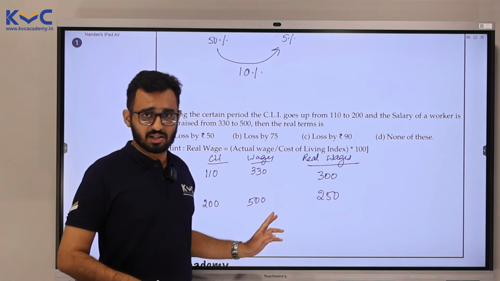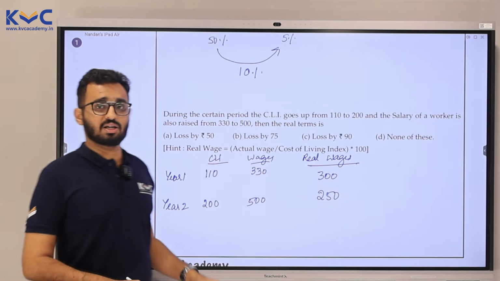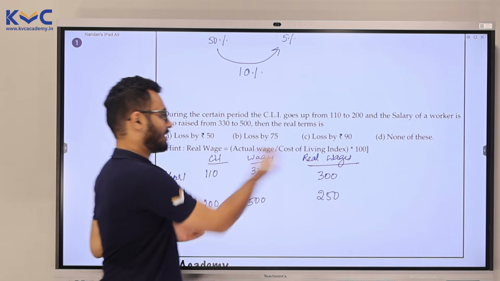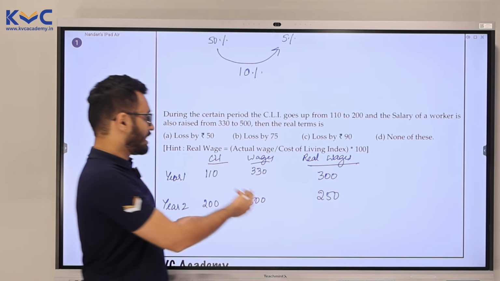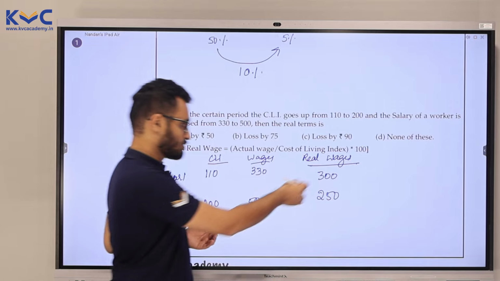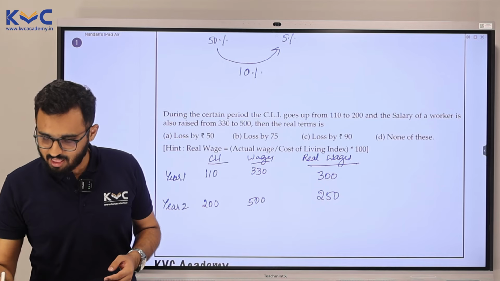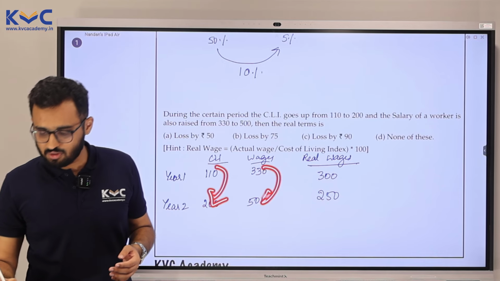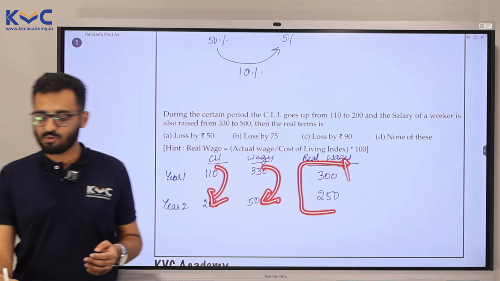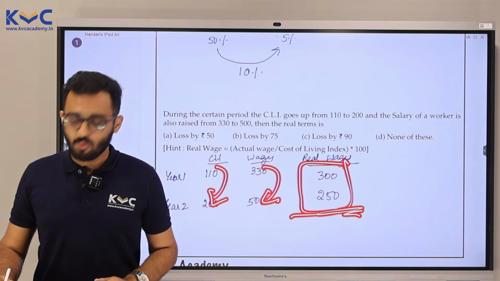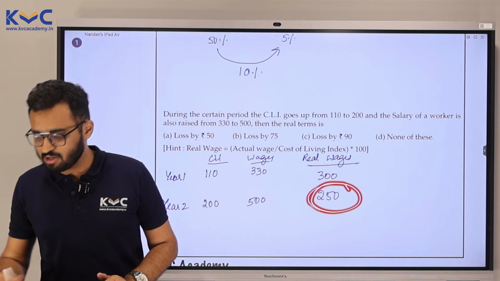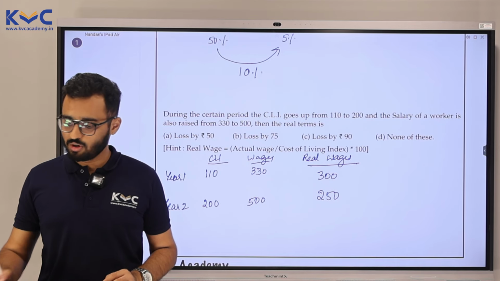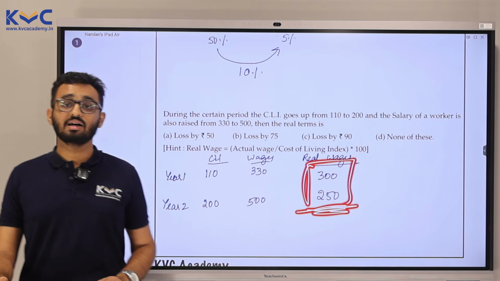But you're not getting 600. That in real terms can be defined as if 330 was brought back to 100, it would be 300. If 500 is brought back to 100, it is 250. That means when the CLI increased, even though the wage increased, you ended up losing 50 rupees. Only if you had made 300 rupees, you would have sustained the inflation.